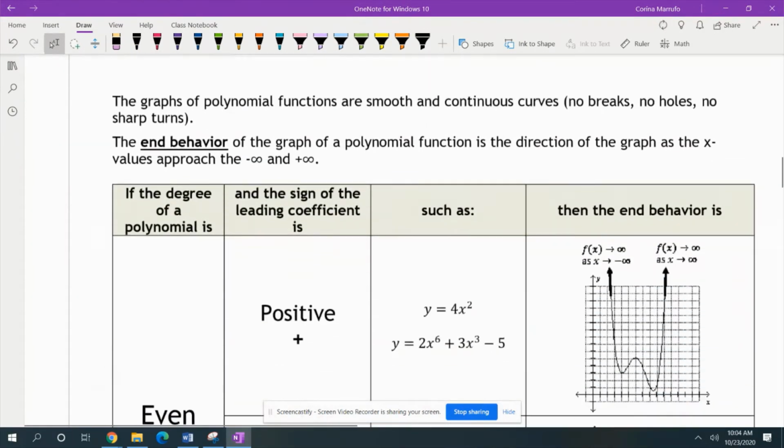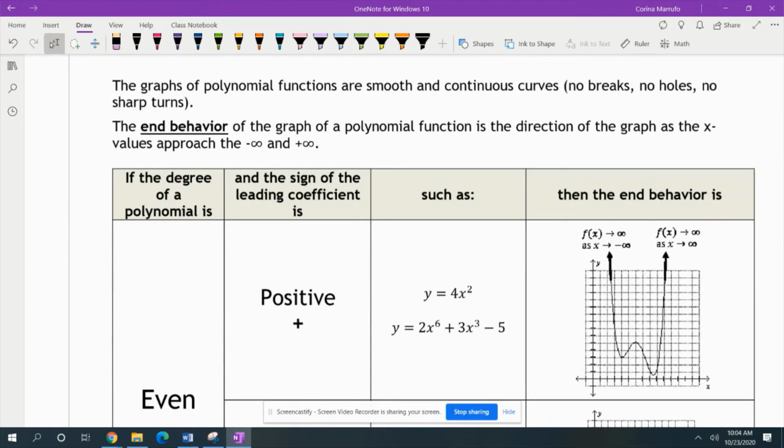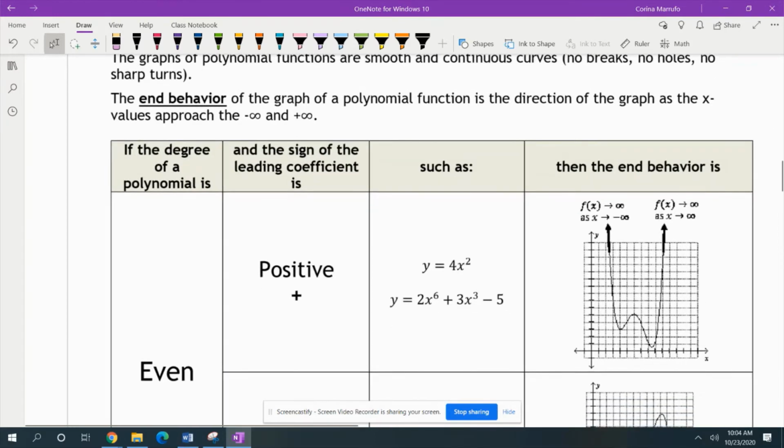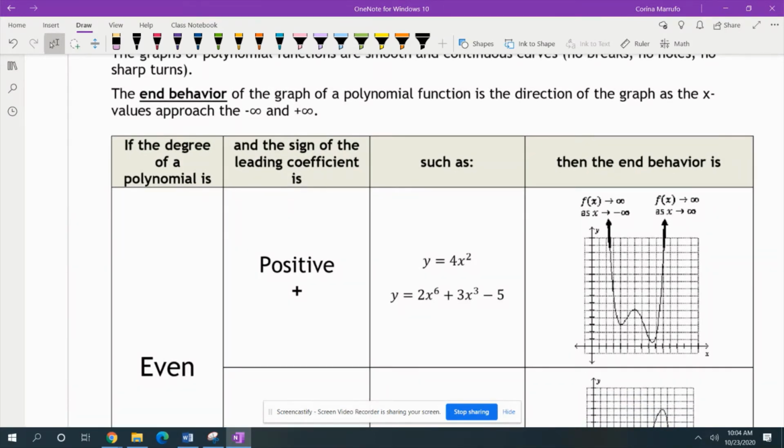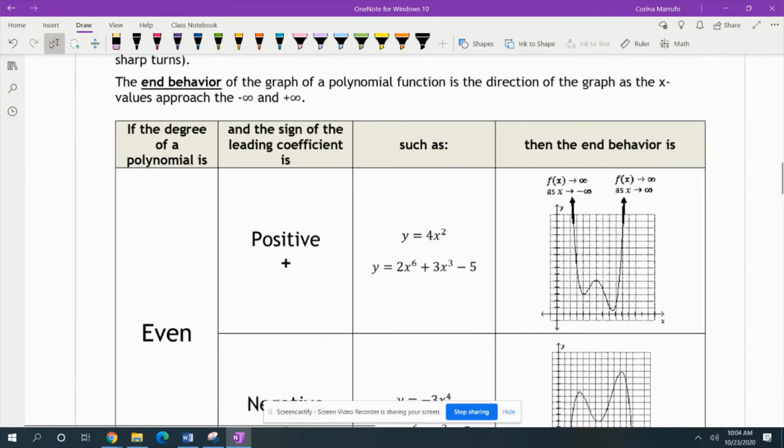Okay, so now the graph of a polynomial function is smooth and continuous, no breaks, no holes, no sharp turns. The end behavior of the graph of a polynomial function is the direction of the graph as the x values approach negative infinity and positive infinity.